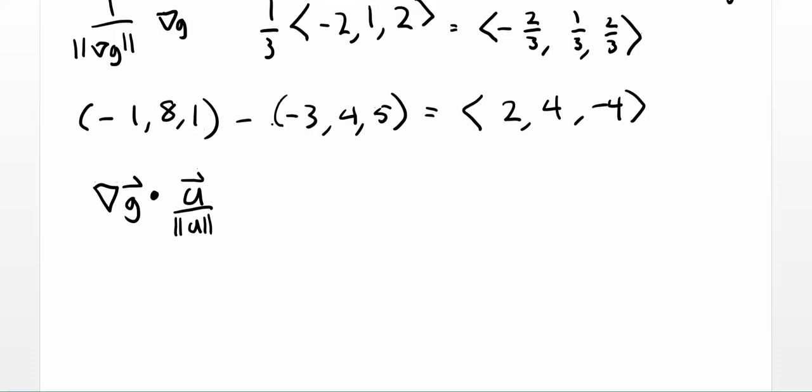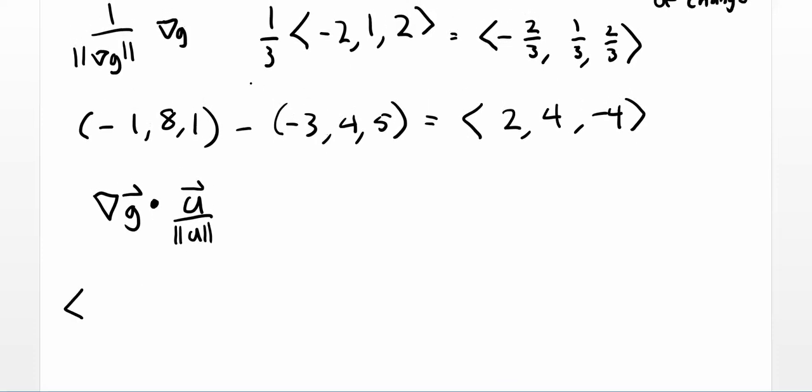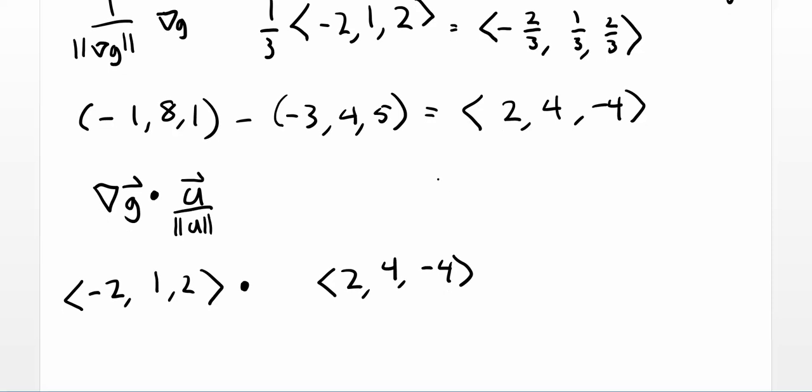So our gradient was, and don't use your rescaled gradient from part B, just use the regular gradient, <-2, 1, 2>. We're going to take the dot product of the gradient with this vector that we just found, <2, 4, -4>. But we have to rescale that vector to be a unit vector. So we need the magnitude of this vector. Let's call this u.